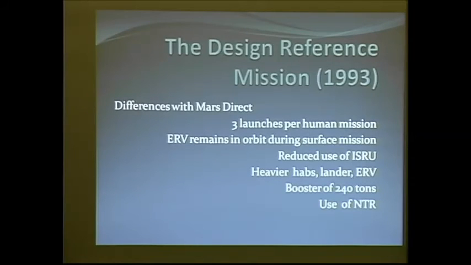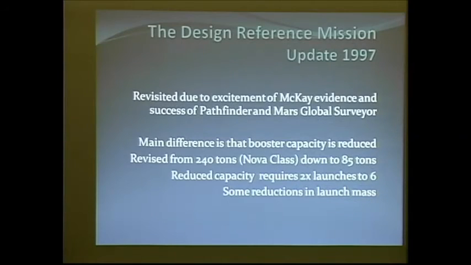In 1993 and in subsequent years, after Mars Direct, NASA developed the design reference mission, which varied a little bit from the Mars Direct plan. In 1996, the mission plan was updated from the excitement generated by the Pathfinder and Mars Global Surveyor missions.